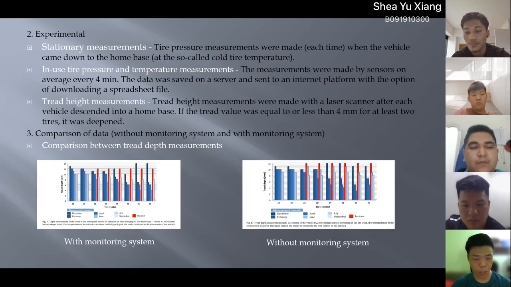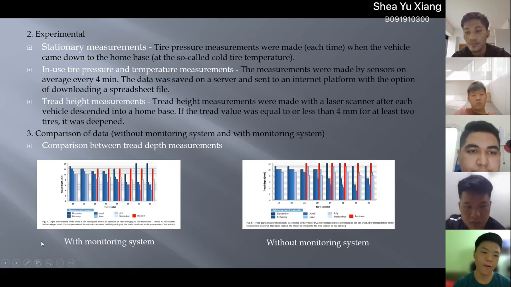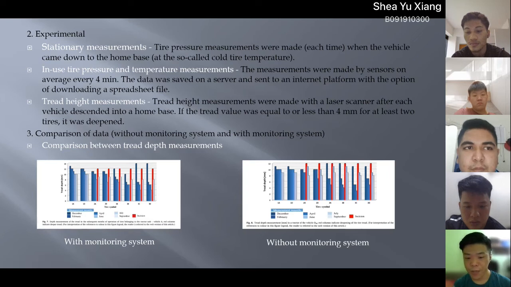And the last methodology is comparison of data without monitoring system and with monitoring system. So you can see from these 2 graphs, it is a comparison between the tread depth measurements. So with monitoring system, you can see the tread depth is lower than the tread depth without monitoring system.